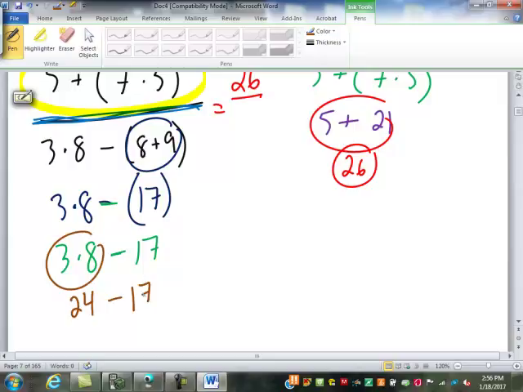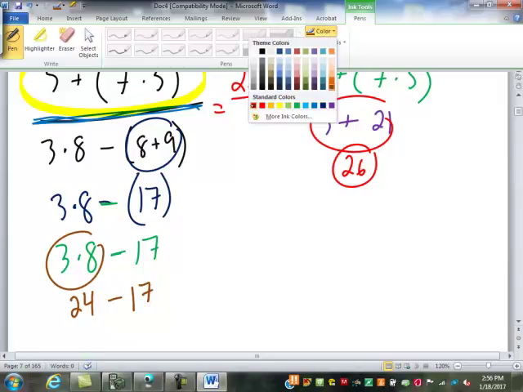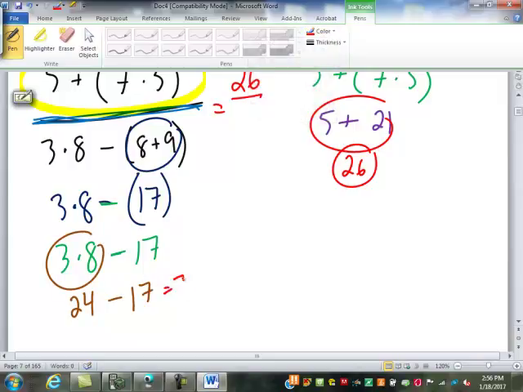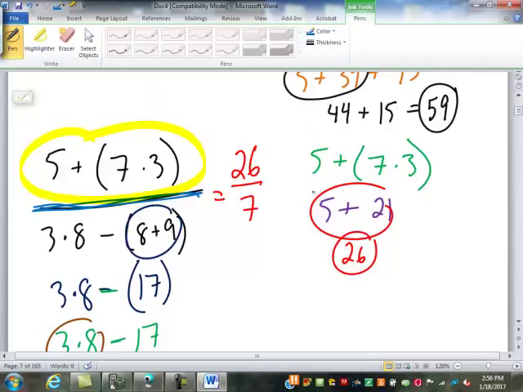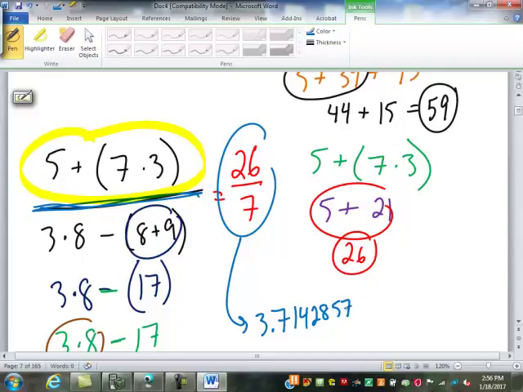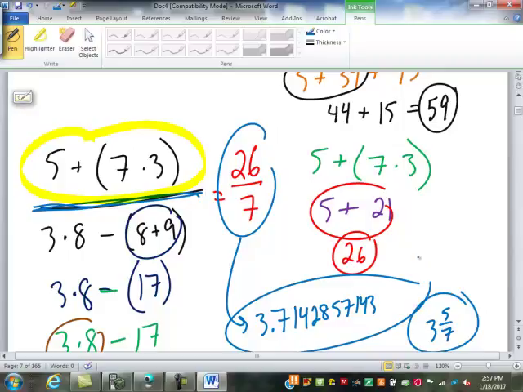Minus 17 is 7. So the bottom is 7. So our final result here is 26 divided by 7, otherwise known as 3.71428574143 approximately, or 3 5/7. All look familiar?